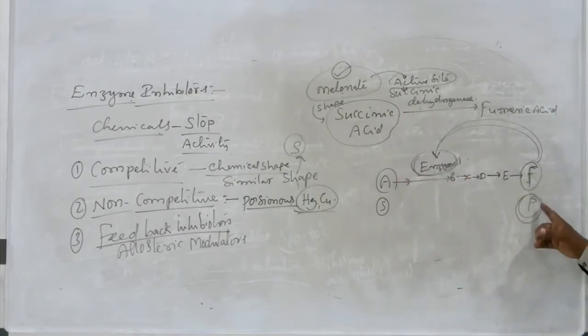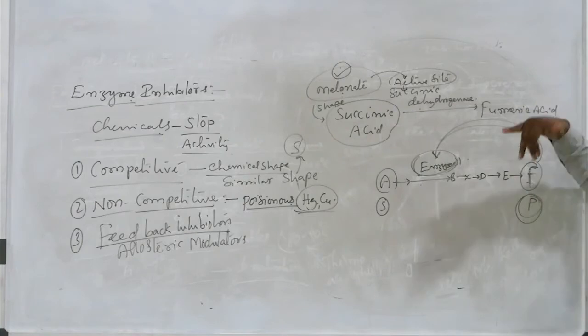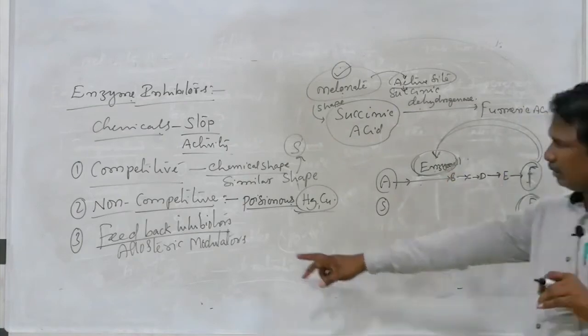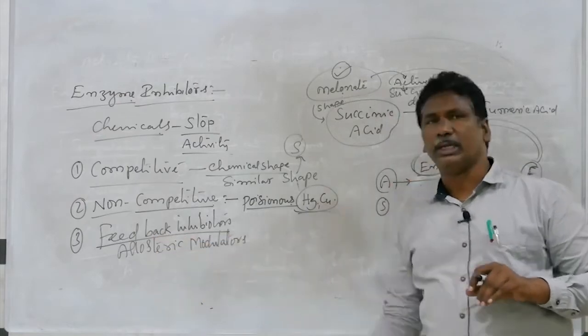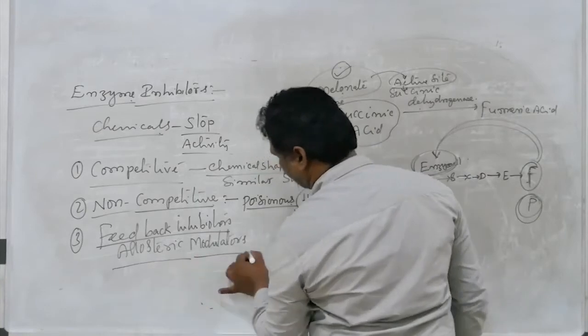The accumulation of the end product, here F, can inhibit the activity of the first enzyme. Hence it is called feedback inhibitors, also called allosteric modulators.